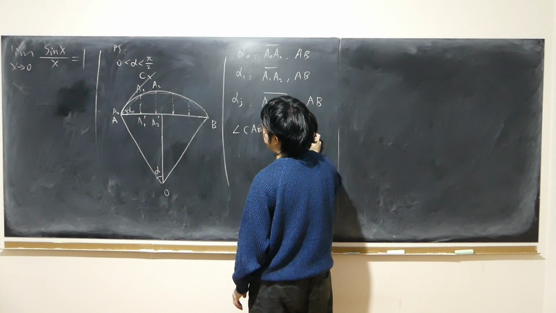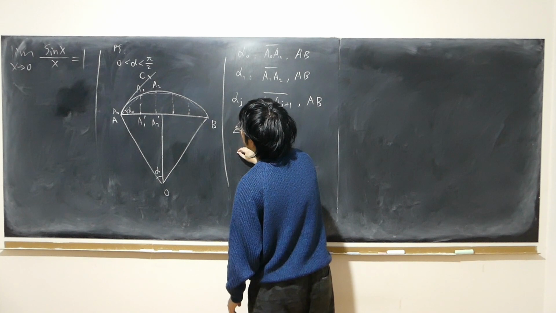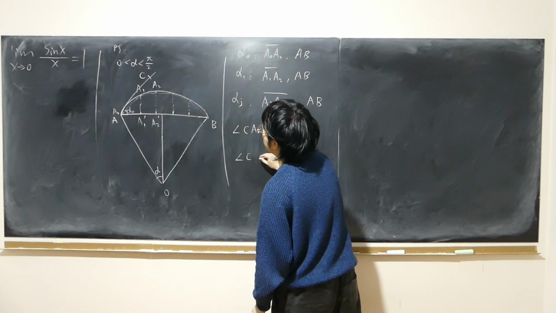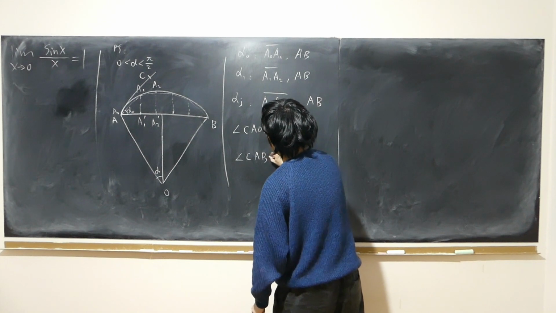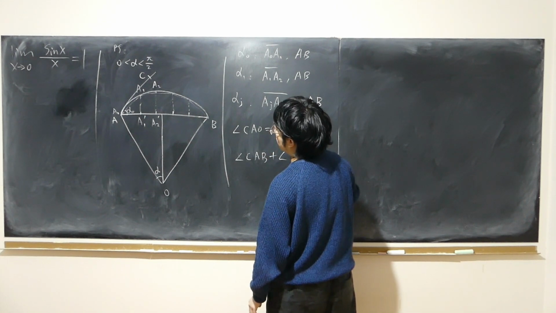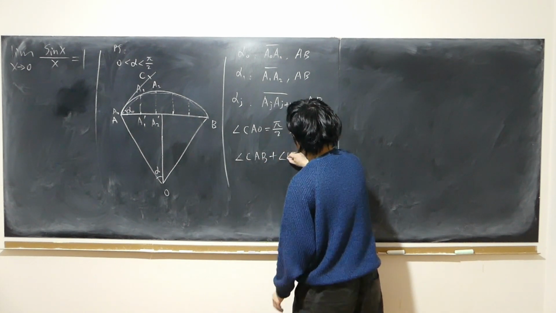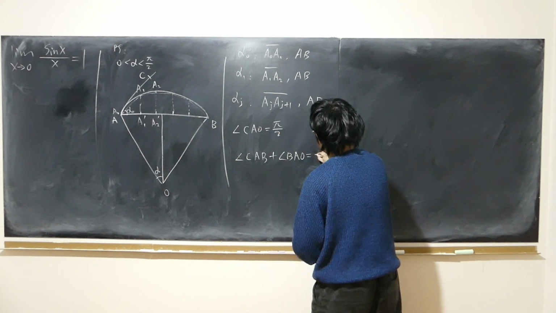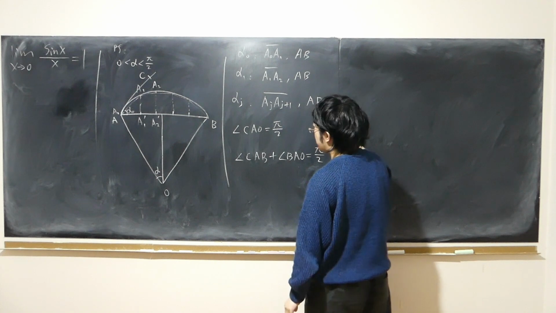Then which means the sum of angle CAB and angle BAO is equal to this angle, half pi.